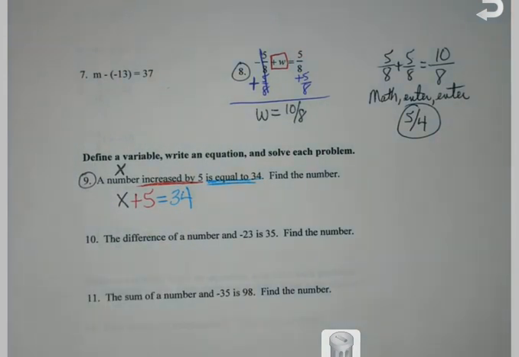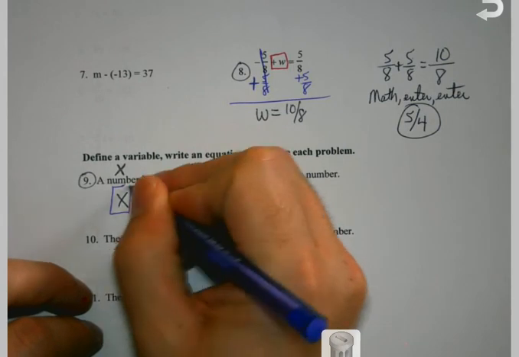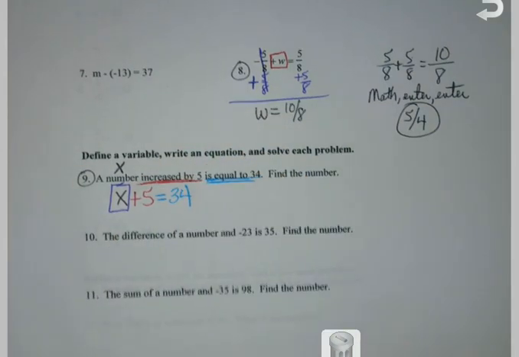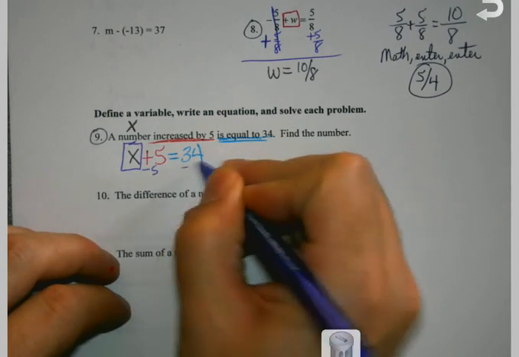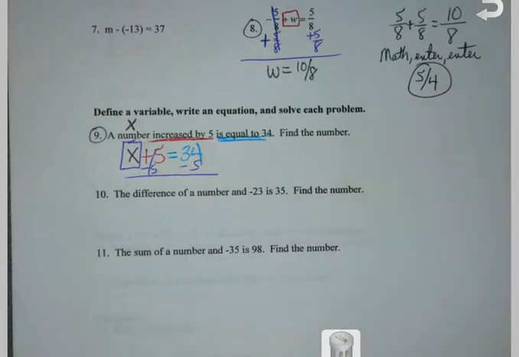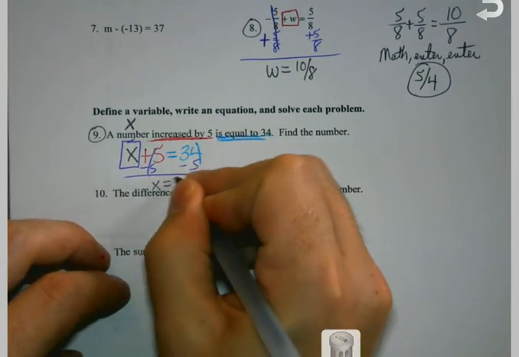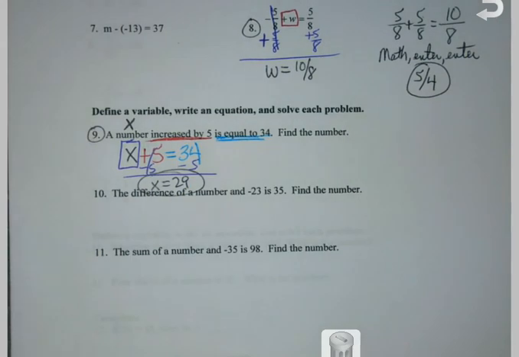Because we know, oh yeah, I want to get x by itself. Now box it in. So what's my one step now to get x by itself? Minus the 5. Perfect. X equals 29. I've got my answer.